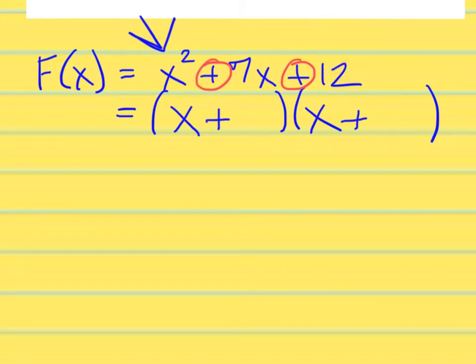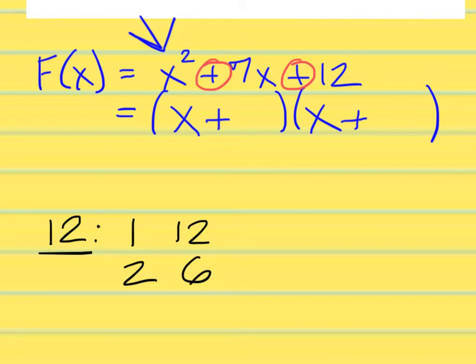So you start with 12. And you come up with all of the numbers that will multiply to get 12. 1 times 12. 2 times 6. 3 times 4. Those are all of the pairs of numbers that you can multiply to get 12.